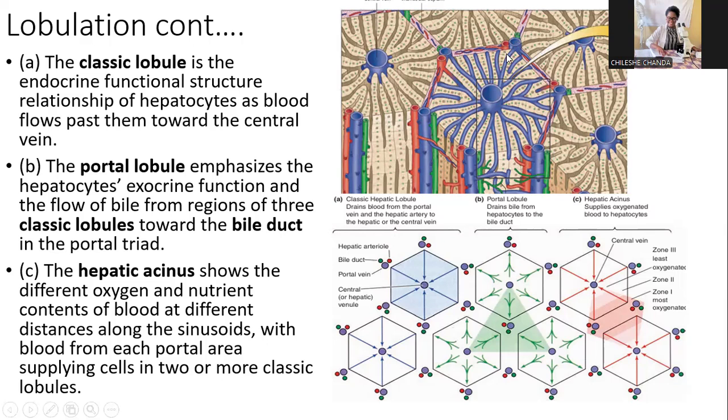So for the portal lobule, we take one central vein, another central vein, another central vein, and put the bile duct in the center to make this triangular portion.